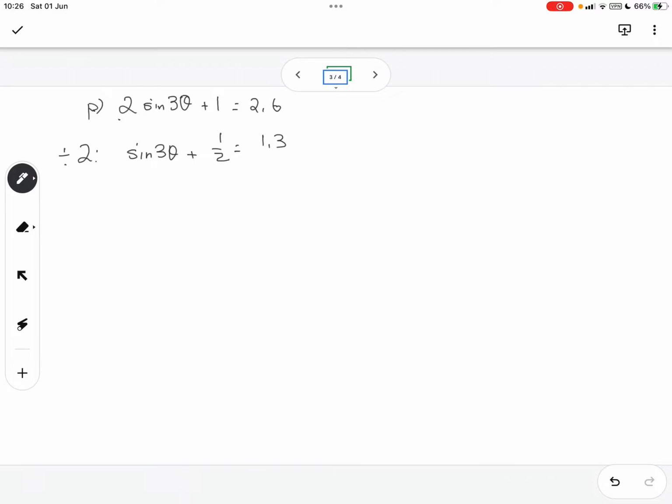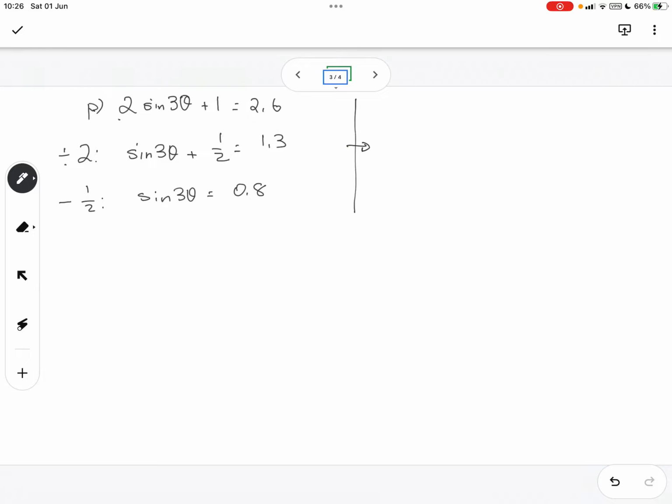And we'll still need to do additive inverses such that sine 3 theta is 1.3 minus 0.5 would be 0.8. And then we can do the thing.